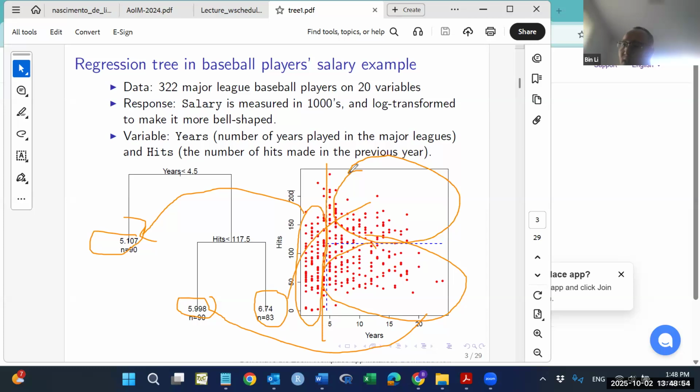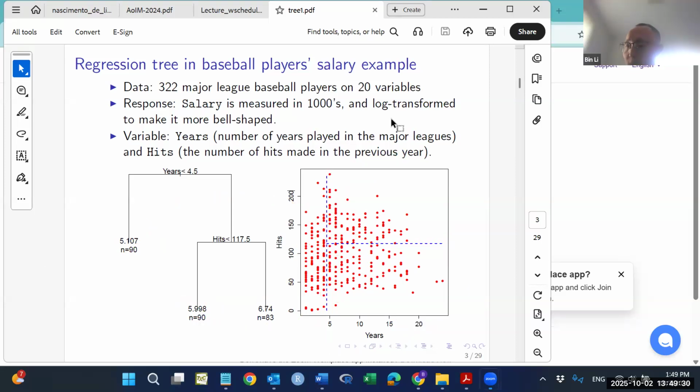Just as I said in the classification example, the nature of a tree model is just partitioning the feature space into rectangular regions. Of course, here we just have two variables, so we can call it rectangular. If we have more than two variables, then we call it hyper-rectangular regions in higher dimensions, right? Okay, so that's the illustration of the two types of tree models, regression and classification.